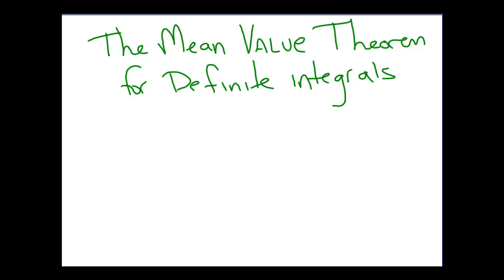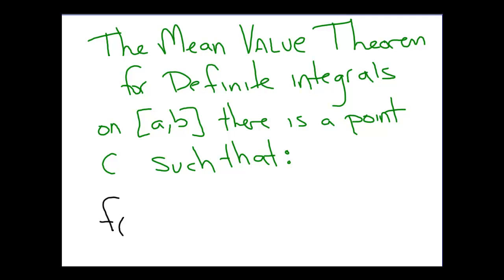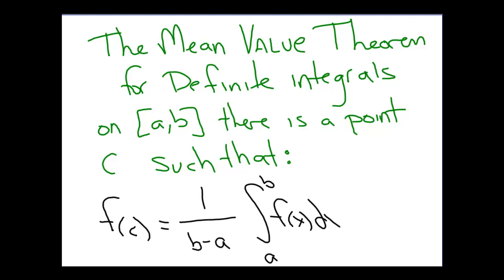And the key idea here is that on some region from a to b, there has to be a point c such that the following condition holds, and that is that the value f of c is given by 1 over b minus a times the integral from a to b of f of x dx.